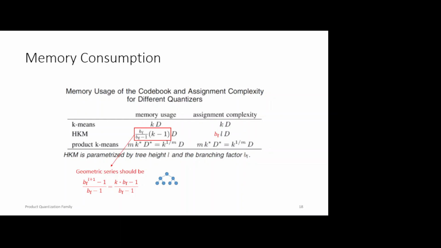You see, it's very compact compared with k-means. K-means here is k, but here is k to the 1 over n. Right? So it's very compact. Remember, PQ is very compact in its use of memory space.